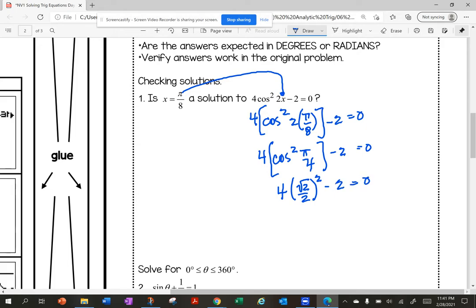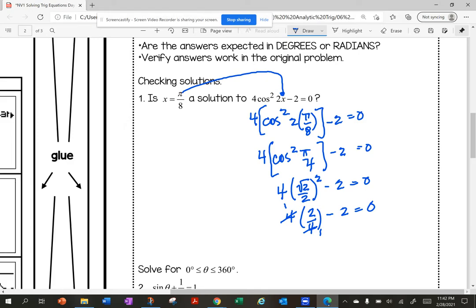So this is 4 times the square root of 2, quantity squared, is 2, and 2 squared is 4, minus 2 equals 0. So 4 divided by 4 is 1.